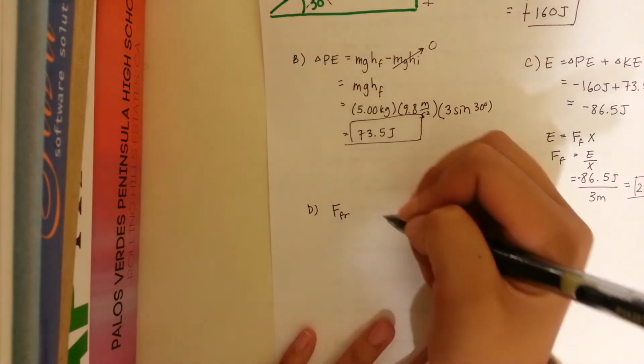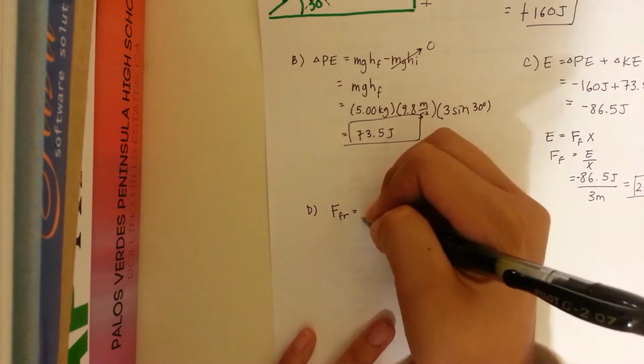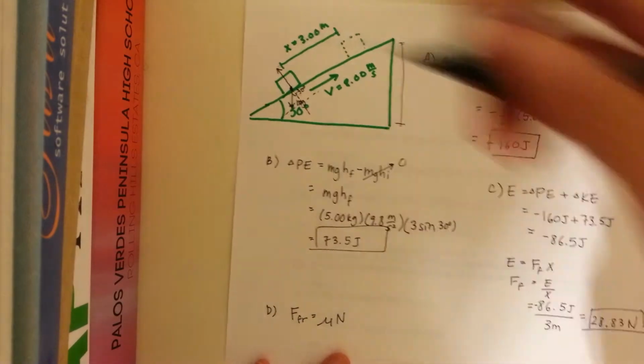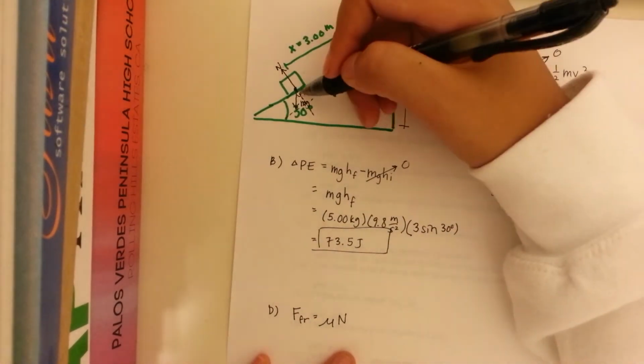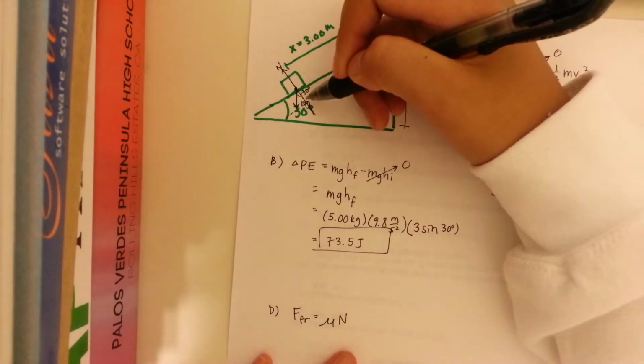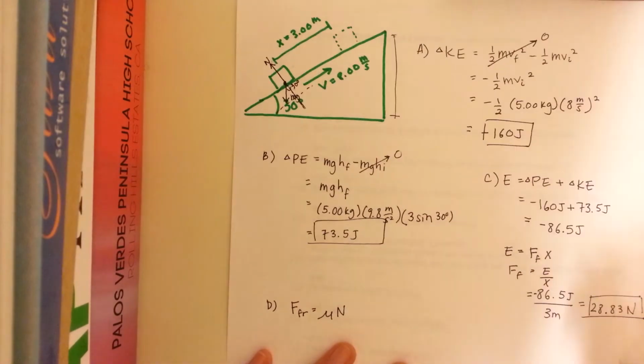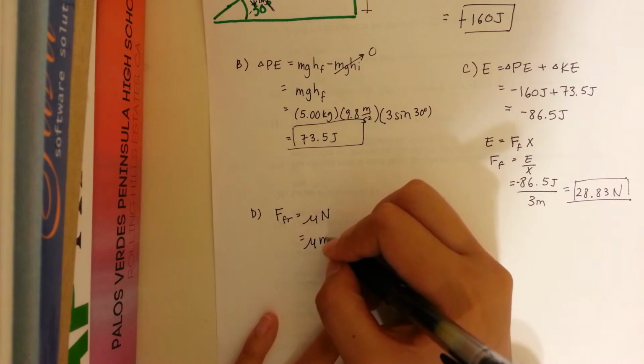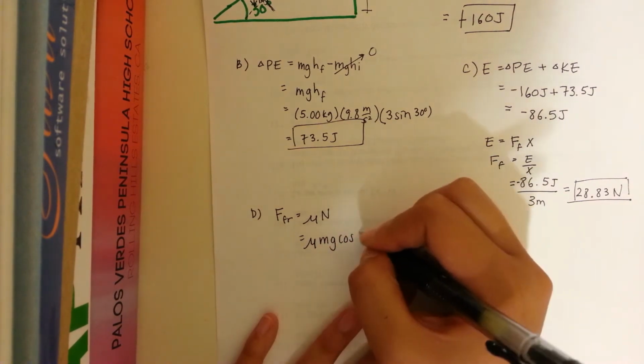So the friction force would be equal to the coefficient of friction times the normal force. The normal force is actually mg cosine 30. So then your equation would become the coefficient times mg cosine 30.